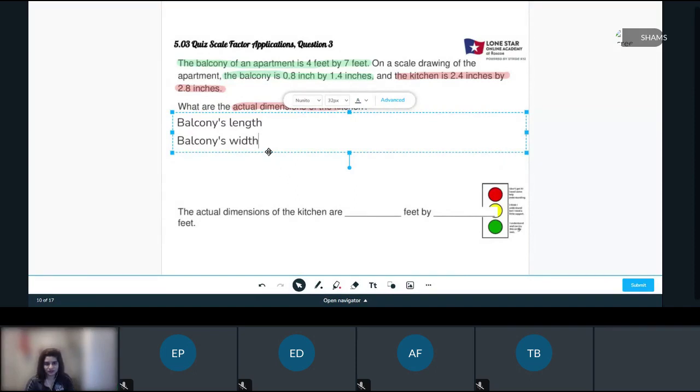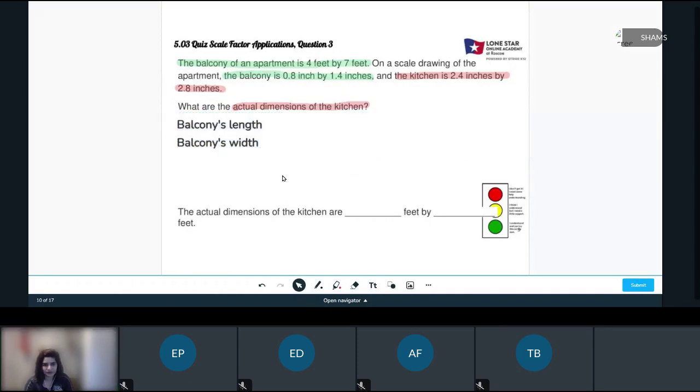They gave you these, and they will make some comparison. They gave you the actual dimensions of the balcony. The actual dimensions are 4 feet by 7 feet. These are the dimensions of the balcony.